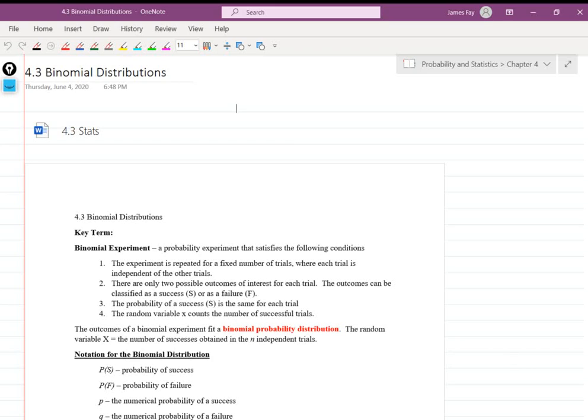One of the key distributions that we'll talk about later in this chapter, it probably won't be until we get back from Thanksgiving, is what we call a binomial distribution, which is basically when we have 2 outcomes from an event that are possible. Like flipping a coin, there's only 2 outcomes that can happen, right?